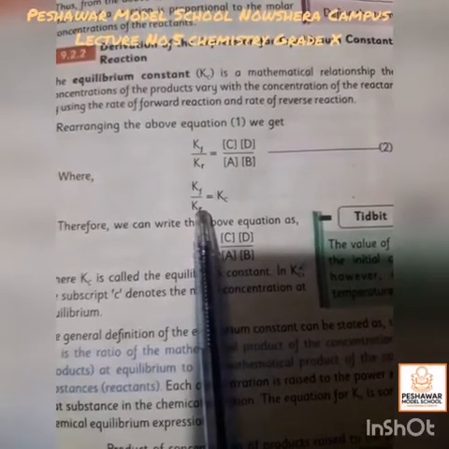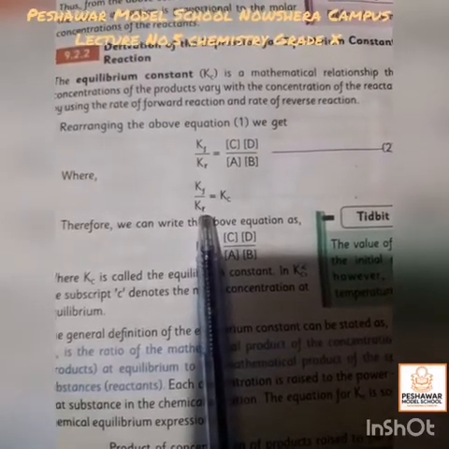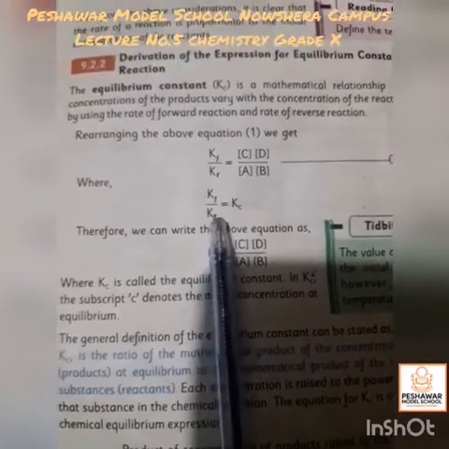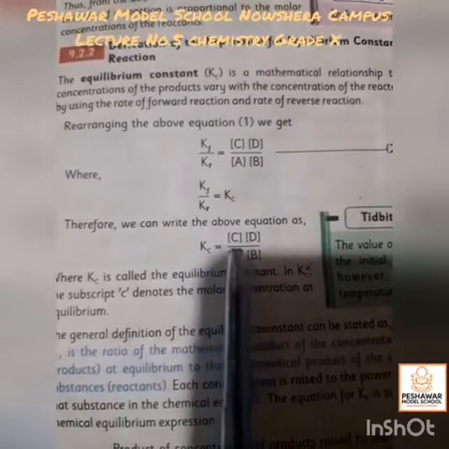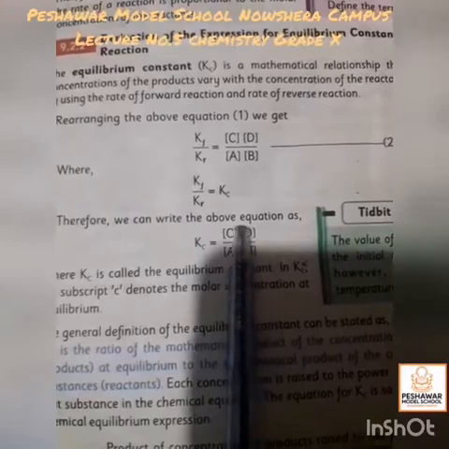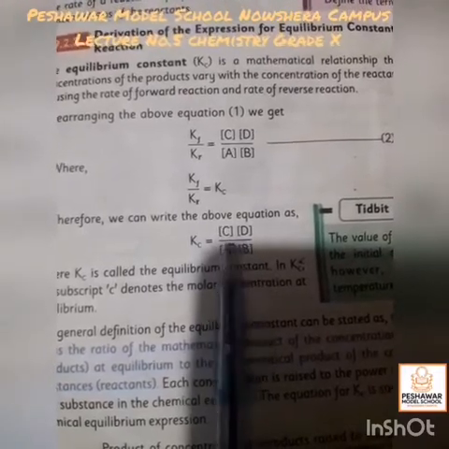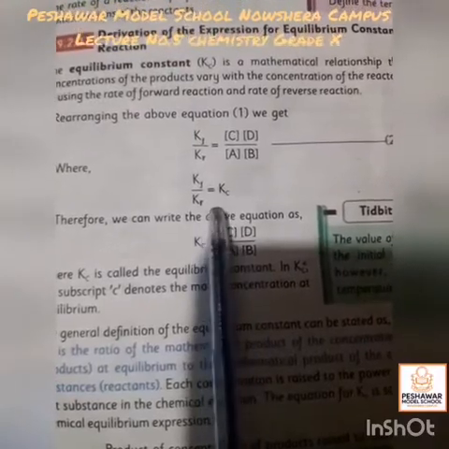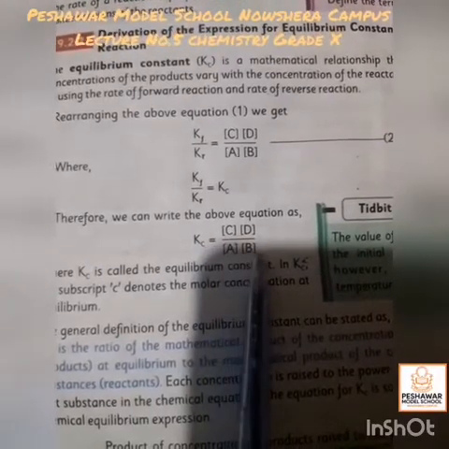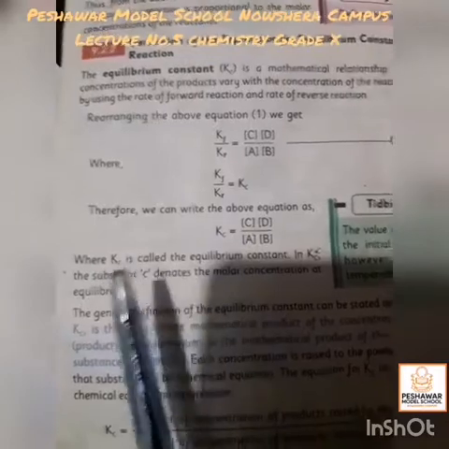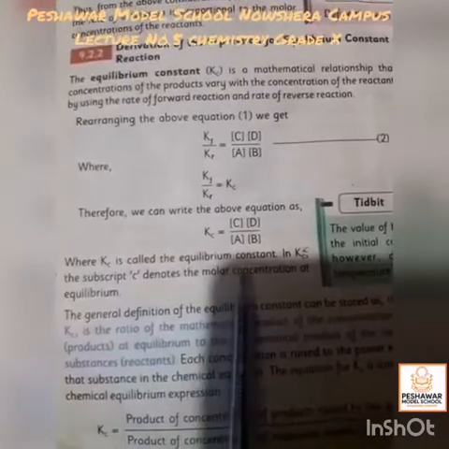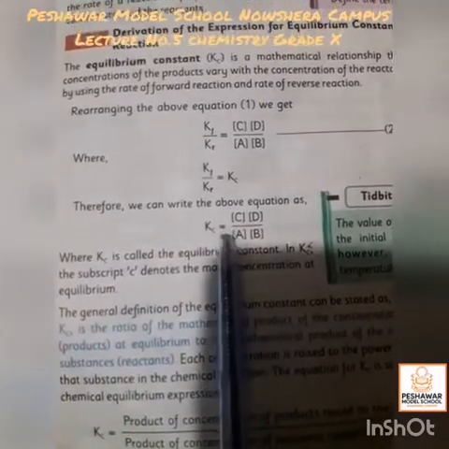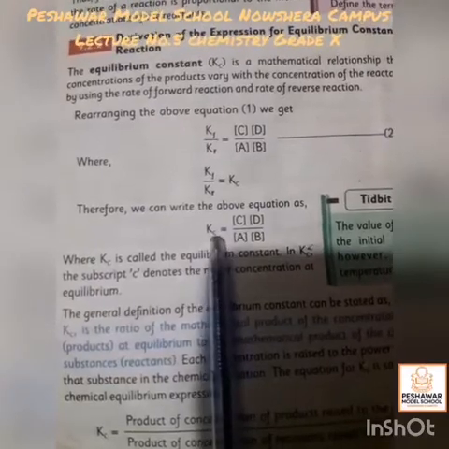Because this is for the rate of reverse reaction. Why is it for the reverse reaction? Because these products are reacting back and will give us these reactants. So that is why Kr is for concentration of A and concentration of B, where Kc is called the equilibrium constant.